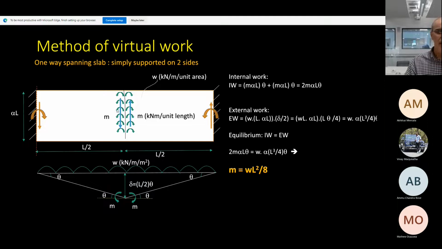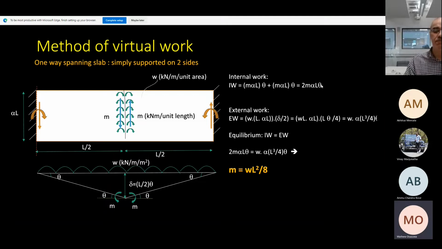Because your moment M is applied over this length, alpha L. So you have M alpha L times theta for this part, and then for the right hand side, we have the same M alpha L theta, which gives 2M alpha L theta.